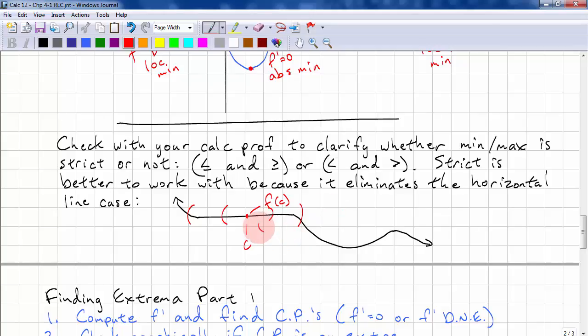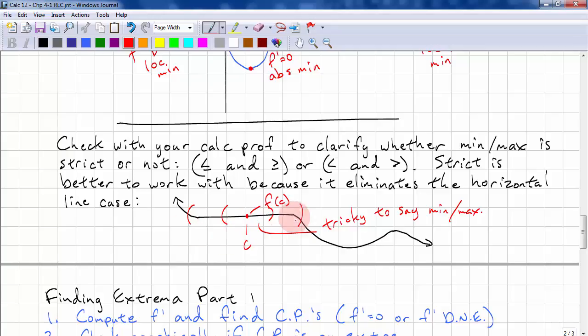So tricky to say min or max. Okay, but if it was strict, we know that it's not bigger than all the values around it. It's not smaller than all the values around it. So it's not a min or a max.